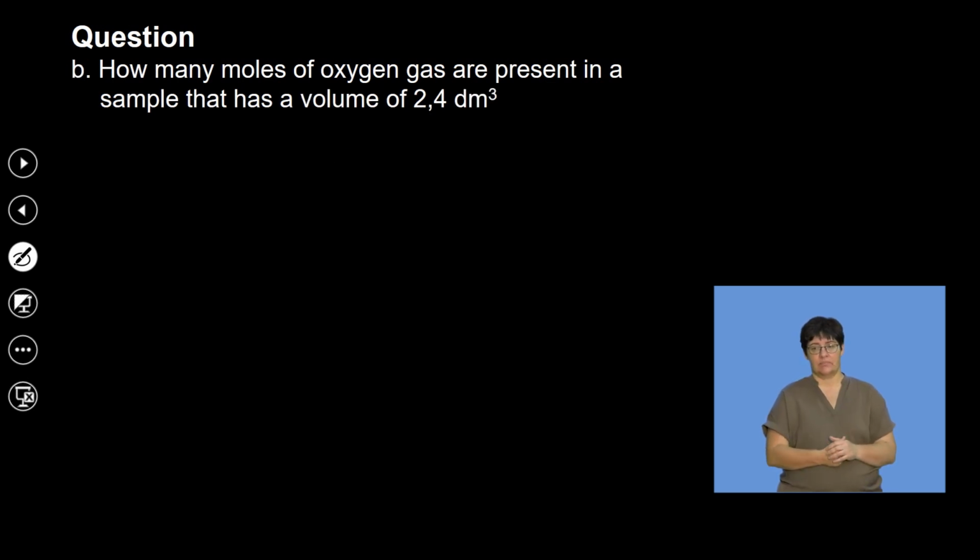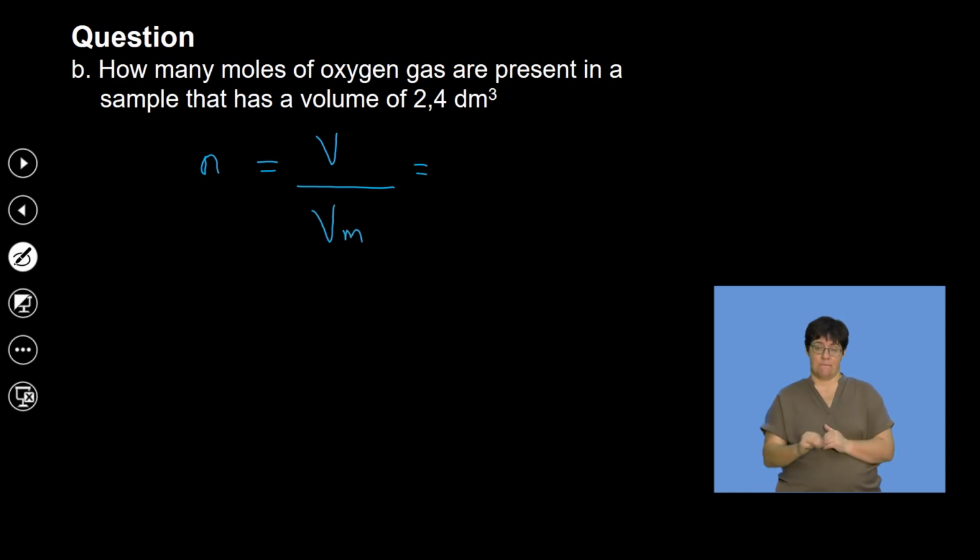And then how many moles of oxygen are present in that 2,4 cubic decimeters? We want the number of moles, and we're given the volume. We've got the volume of oxygen that it occupies, but we know that a mole occupies 22,4. So we know that N equals volume of sample divided by the molar gas volume.